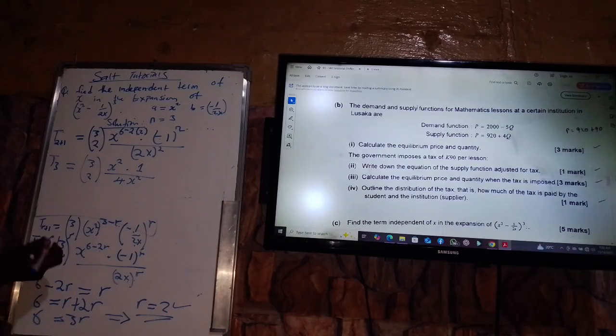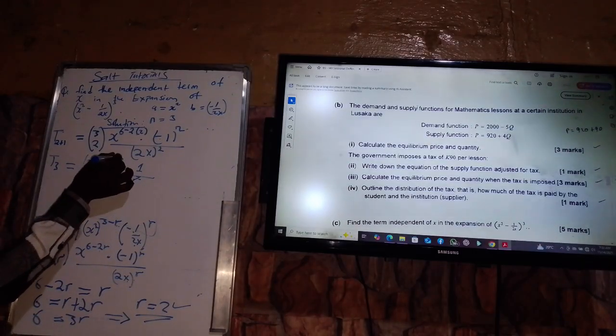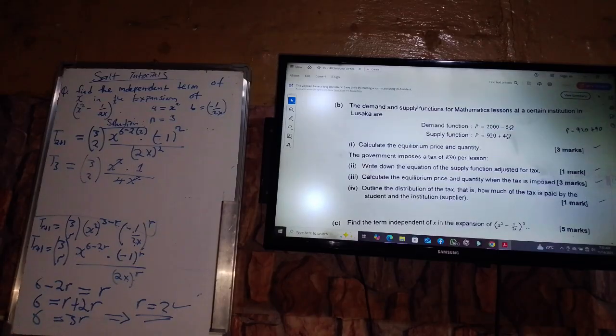Now at this particular stage, it is x squared over x squared and it can go automatically. That's what we wanted. Now, what is going to happen? We can go ahead and find what is 3 combination 2.